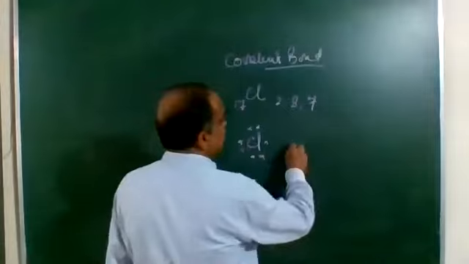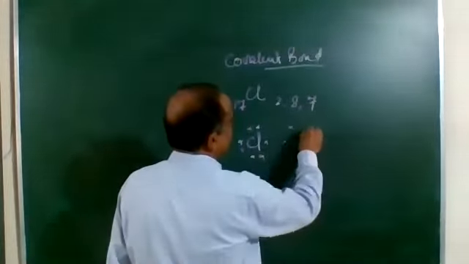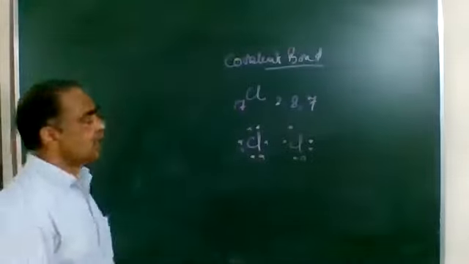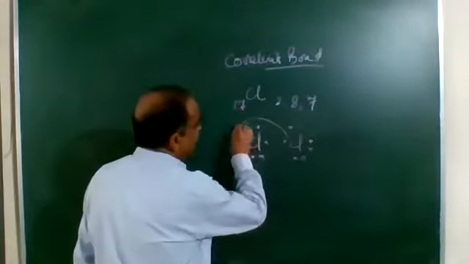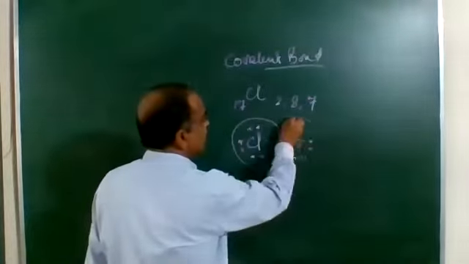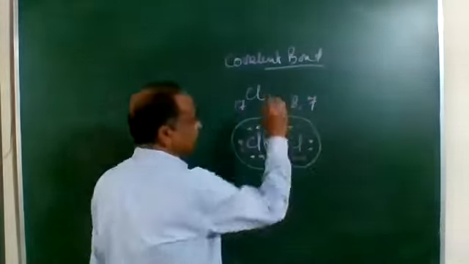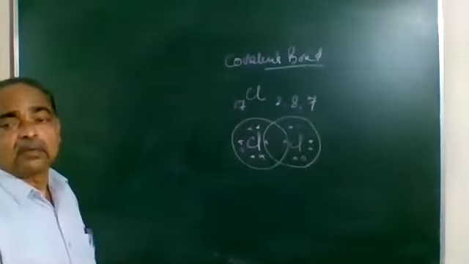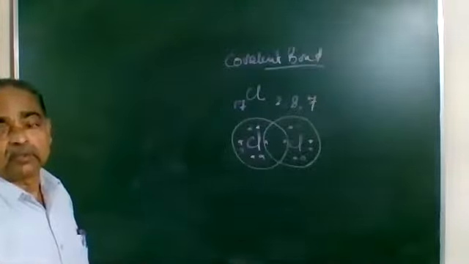Now if another chlorine is coming, it also has 7 electrons in its valence shell. So one chlorine shares its electron with the other, and the other chlorine atom shares its electron too. Remember, when sharing takes place, an equal number of electrons are shared between the two atoms.